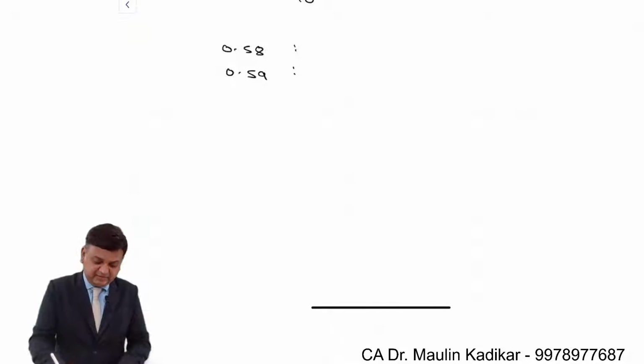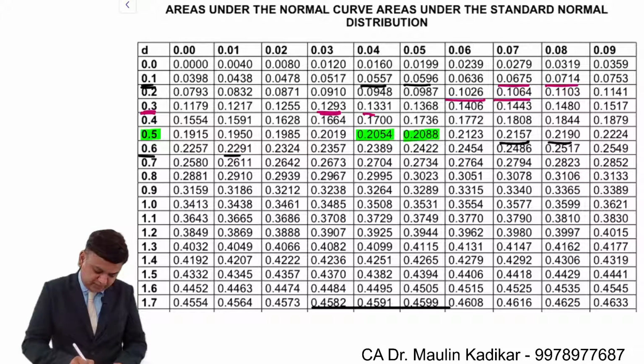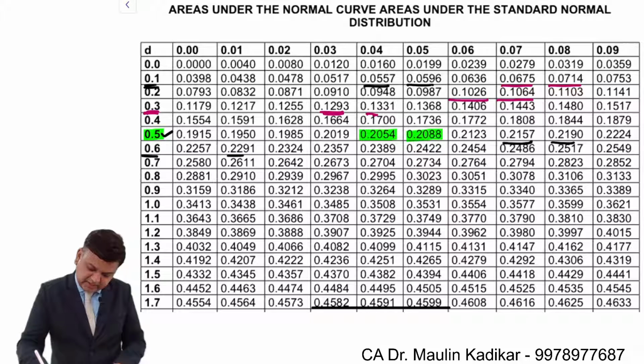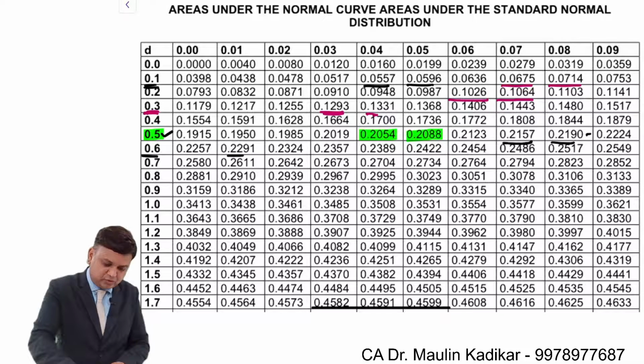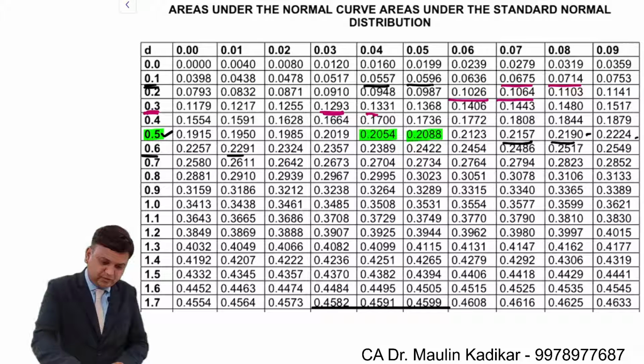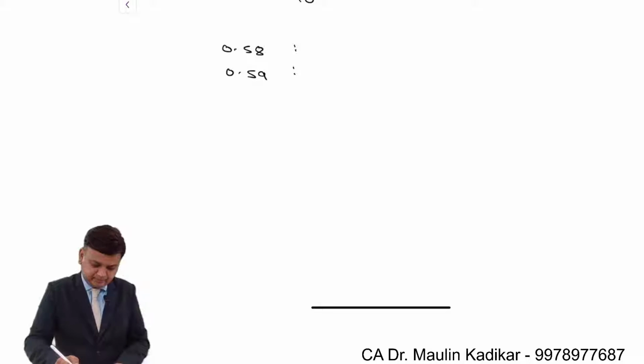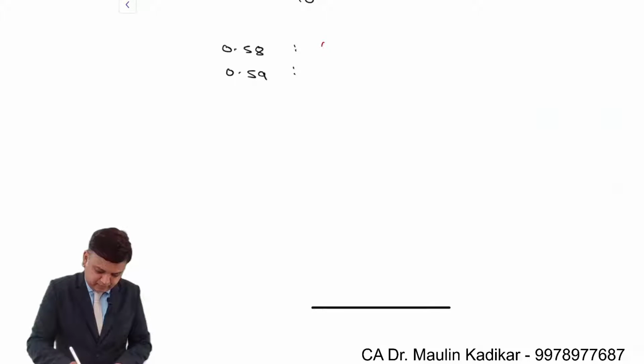That is the way we will have the reading. So here 0.58 gives 0.2190 and 0.59 gives 0.2224.